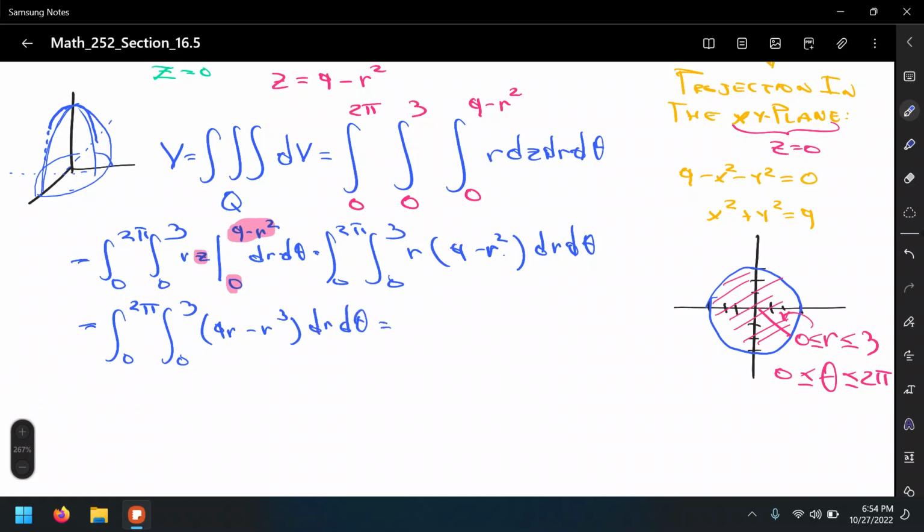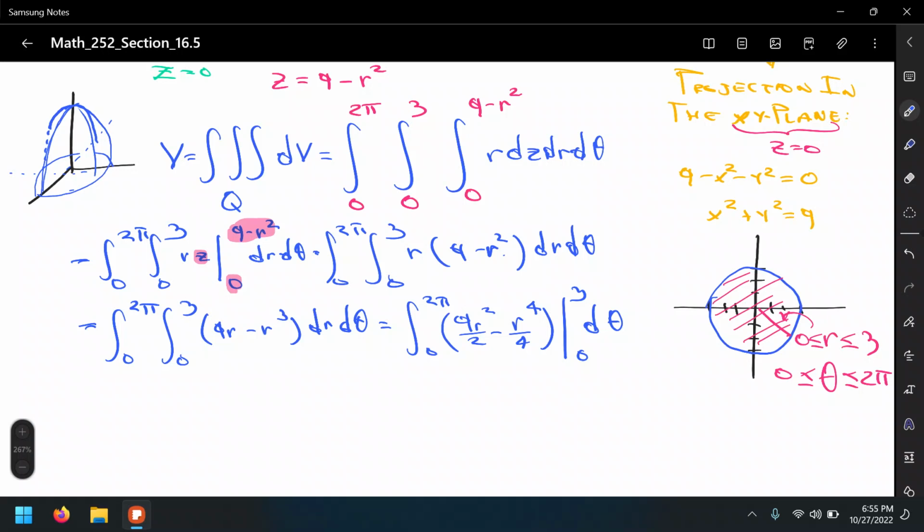So that's the integral of 9r, that's just 9r squared over 2 minus r to the 4 over 4, evaluated from 0 to 3. And don't forget the d theta.